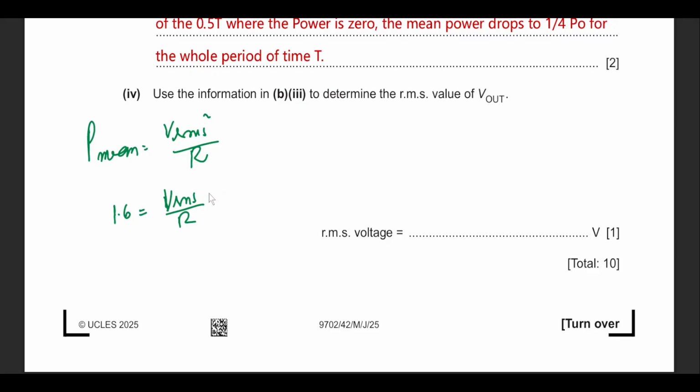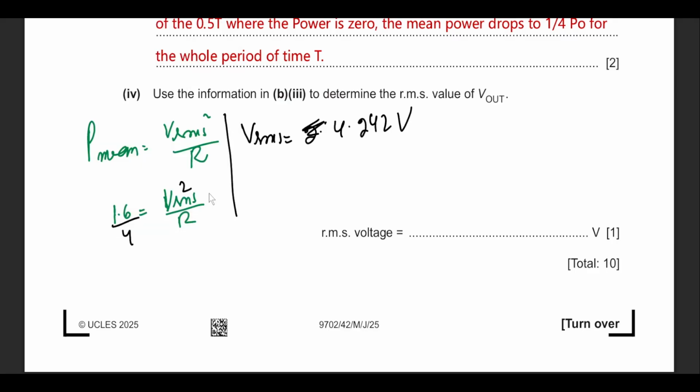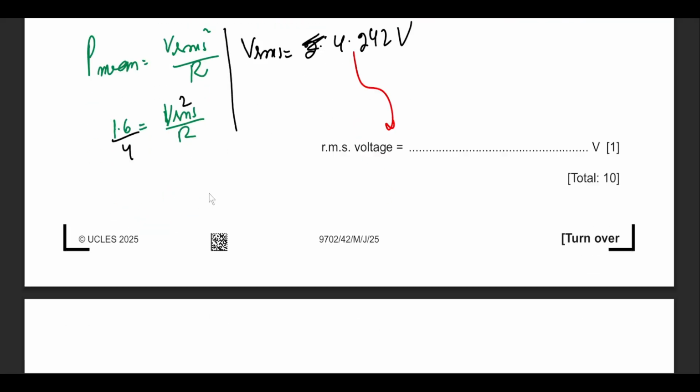All right, and one more thing, this has to be divided by 4, V RMS squared, and now we have V RMS as 4.242 volts. So this is going to be the RMS voltage.